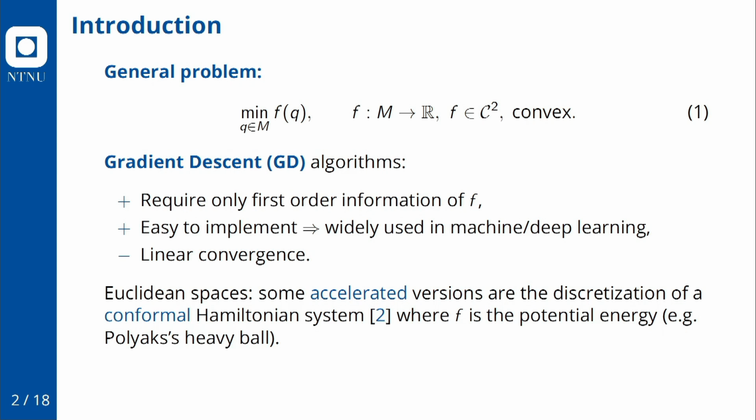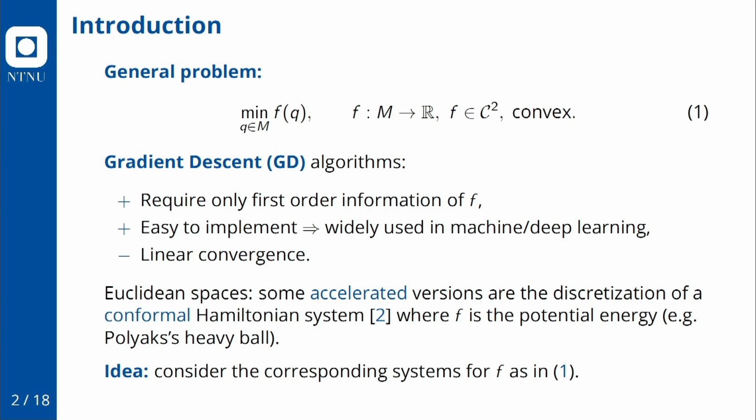The reason is that it can also be seen as the discretization of a conformal Hamiltonian system. And the idea I have is to consider the corresponding conformal Hamiltonian system, but when f is defined on a manifold and not in the Euclidean space.